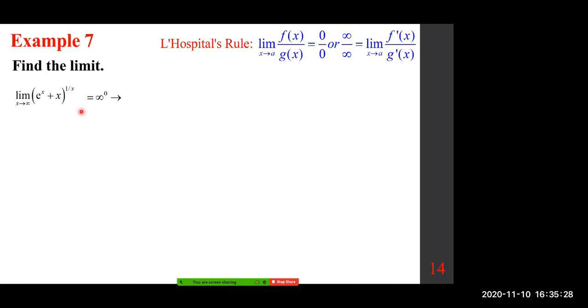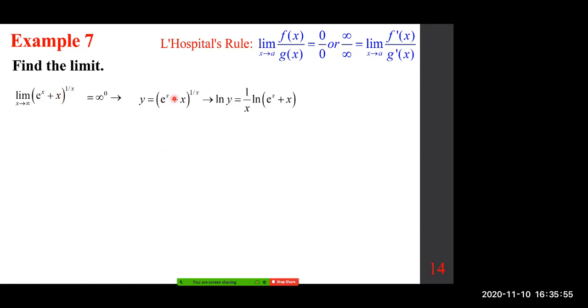The bottom line is, I'm going to remind you, when we differentiated a function that was in the form of f of x to the power of g of x, we did logarithmic differentiation. We set it equal to y, and then we took the natural log of both sides and implicit differentiation. The process is similar to that. So we are going to give this function a name y, because it makes life easier.